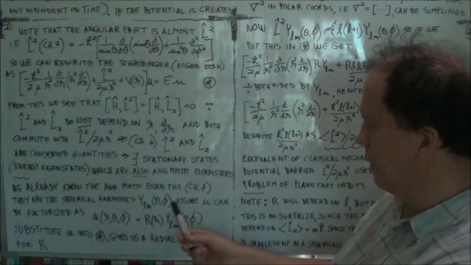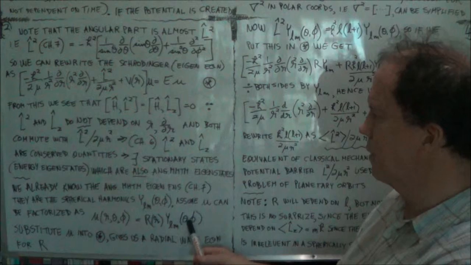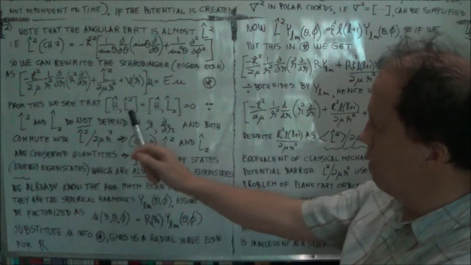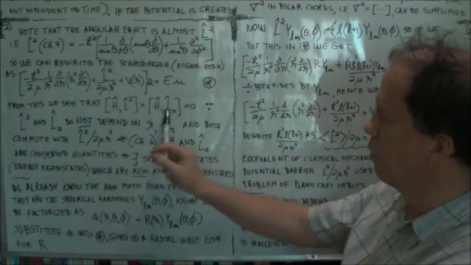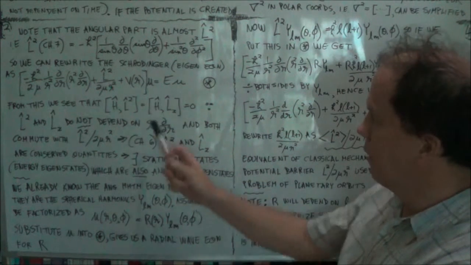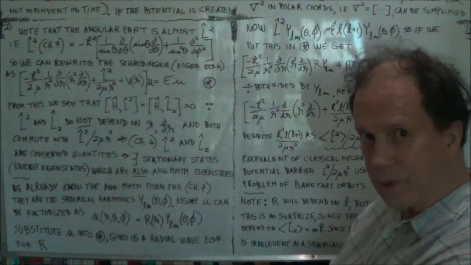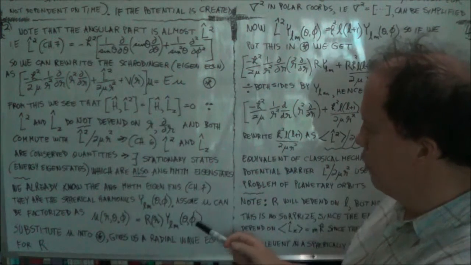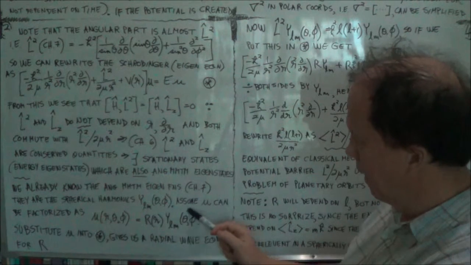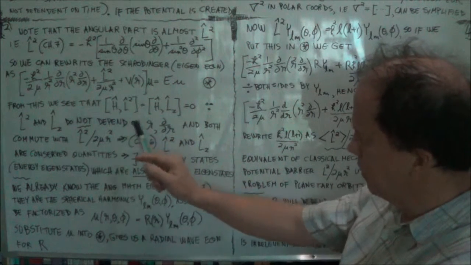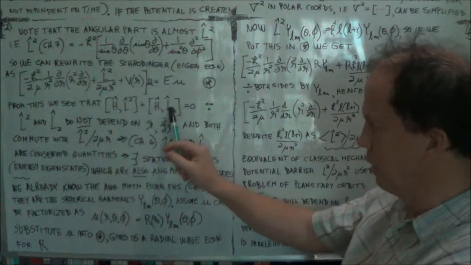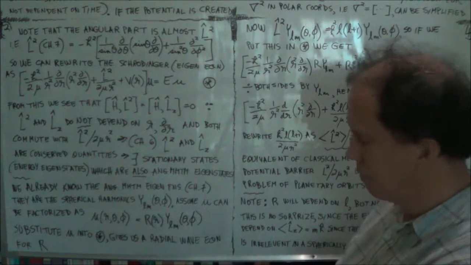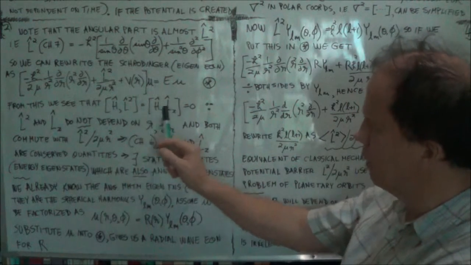Now, that sounds plausible, because if you think about it, the eigenfunctions of these 2 operators depend on the angles. There's no mention of r in either of these. So if you plug this into the eigenequations of L squared or Lz, the R is just effectively a constant as far as these 2 operators are concerned.